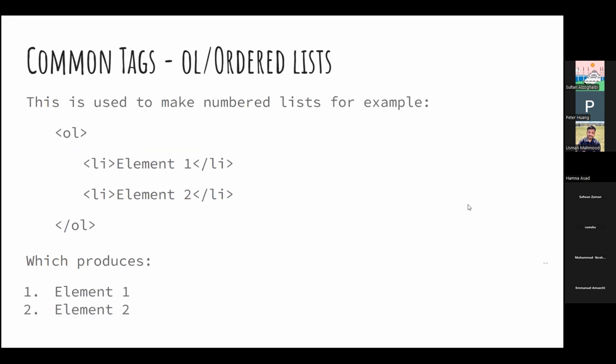Here we have OL and LI being used, and it's going to produce number one, element one, number two, element two. The one and two are automatically generated. You don't have to define it within the ordered list. It auto sets the numbering in order from top to bottom.